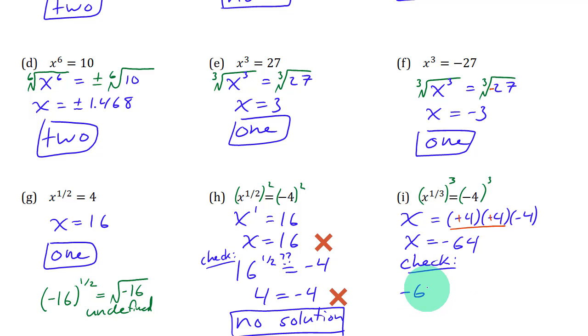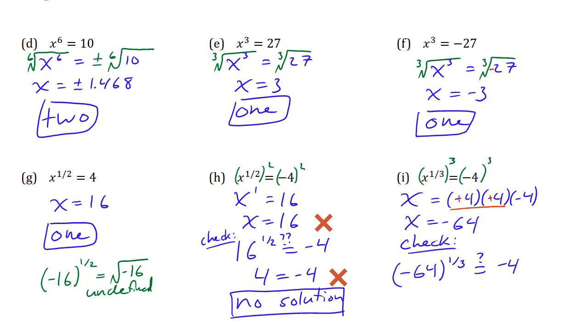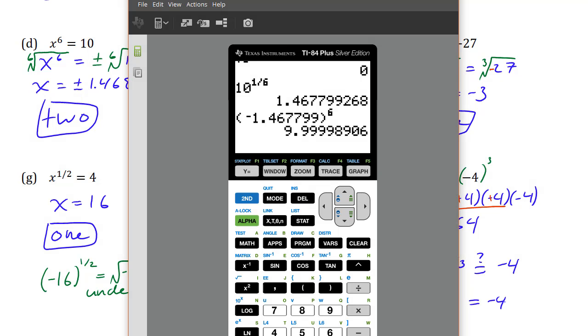If you have negative 64 to the power 1/3, is that equal to negative 4? Well, this is going to be the same thing as the cube root of negative 64, and that is negative 4. You can check it with your calculator if you're not sure, if you forget how this stuff works.